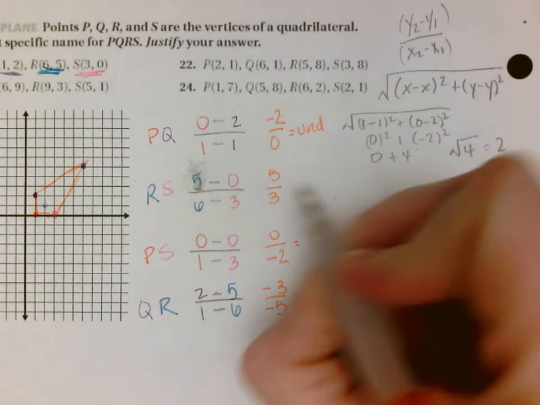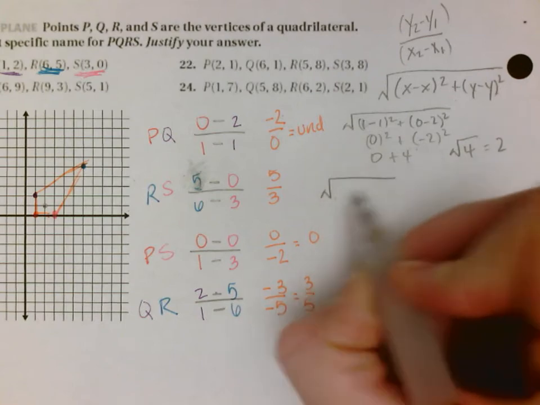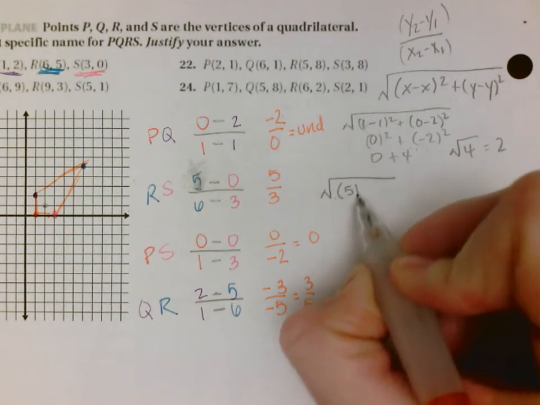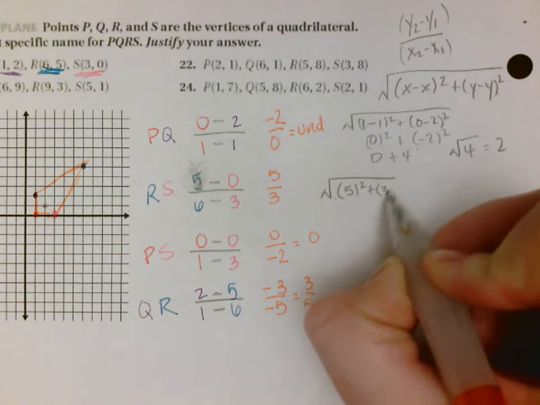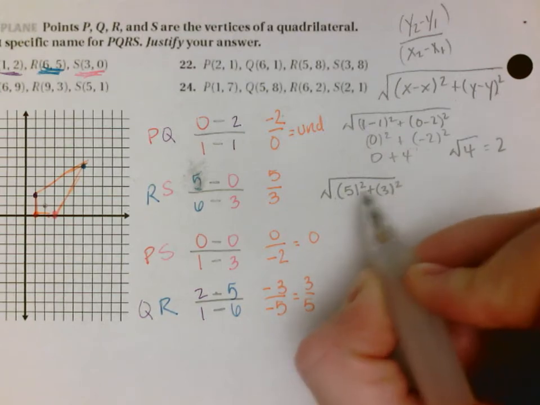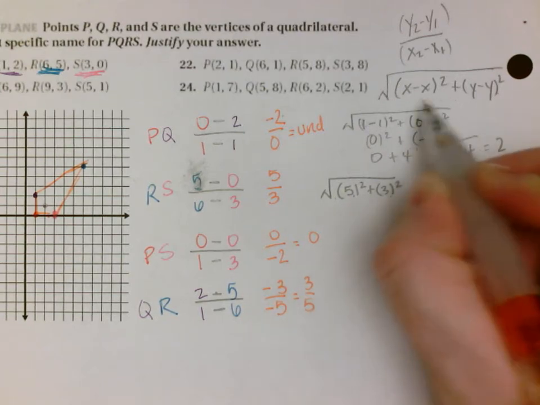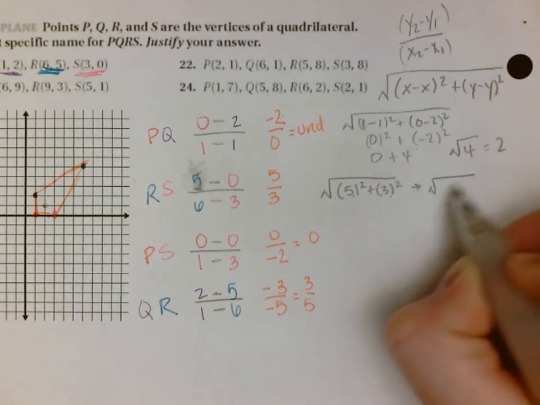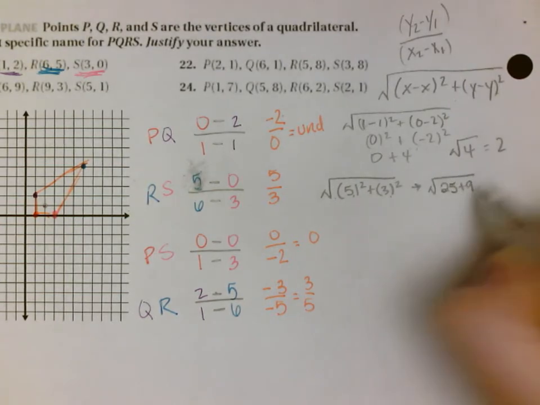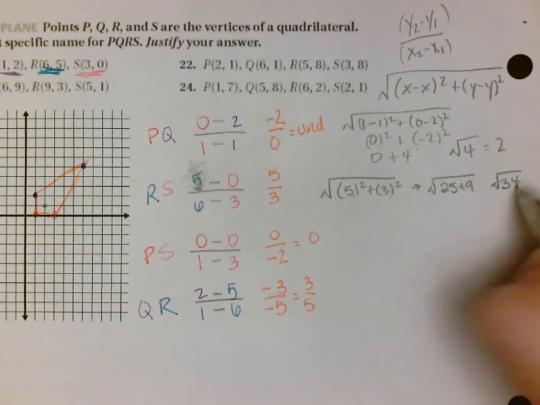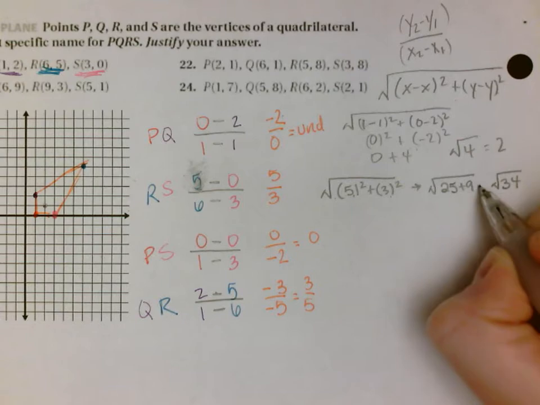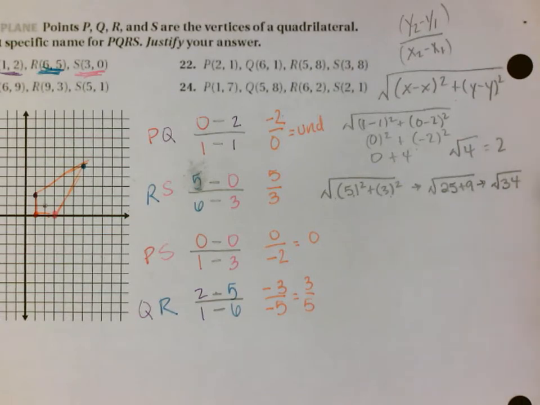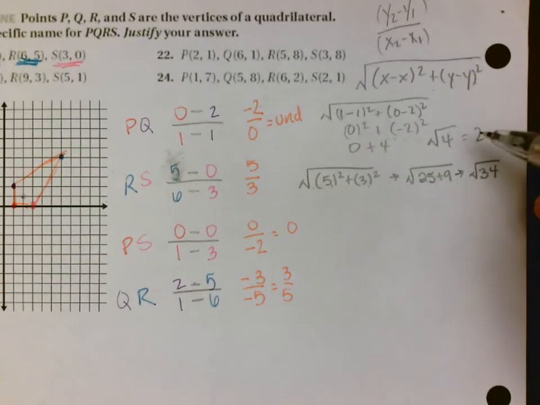So on here for RS, I'm going to go 5 squared plus 3 squared. I know the order is switched. This is y's and these are x's, but it doesn't matter. This gives me the square root of 25 plus 9, which gives me the square root of 34. Do not need to simplify it down, just need to have a number at the end, which means I did not have to simplify the square root of 4 to 2.